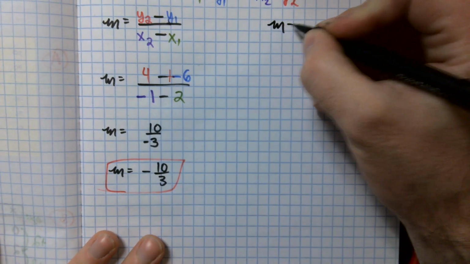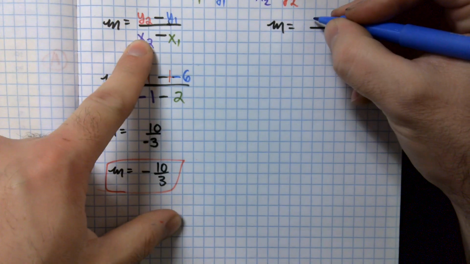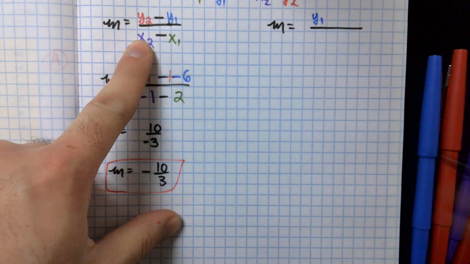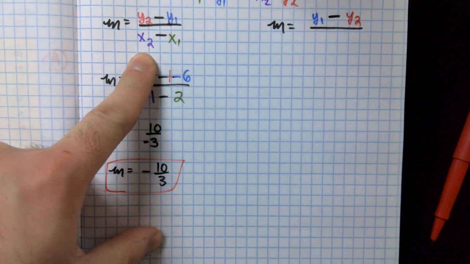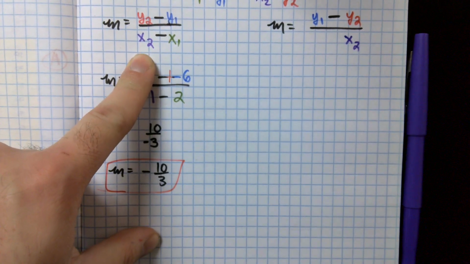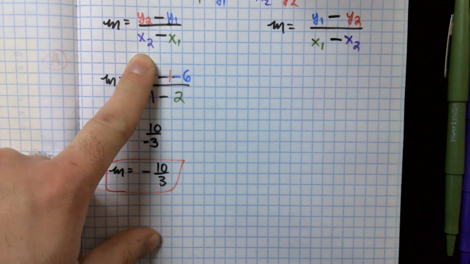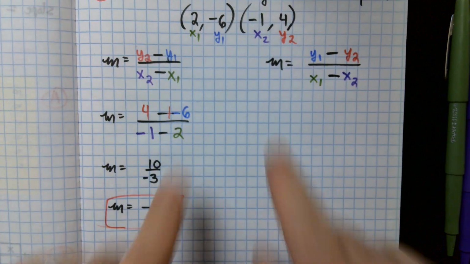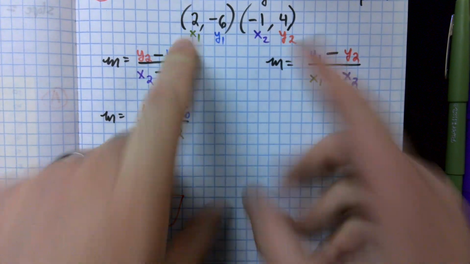Well, let's do some trial and error here. Let's pretend the slope formula is instead y1 minus y2 over x1 minus x2. We're going to keep our assignments up top the same, and we'll see what happens.